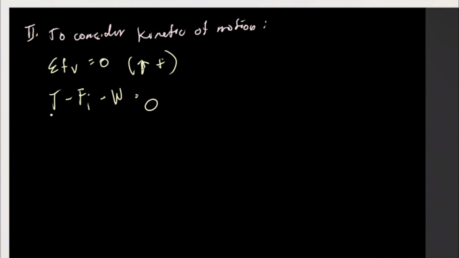The unknown here is the tension. So we have T minus F sub I, which is W multiplied by A over G, minus W is equal to 0.